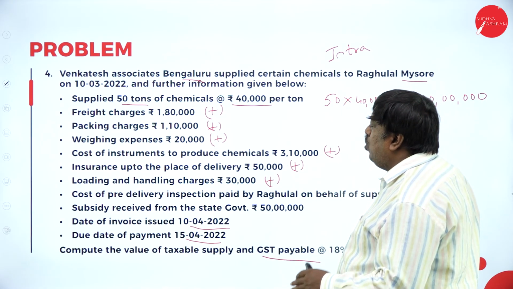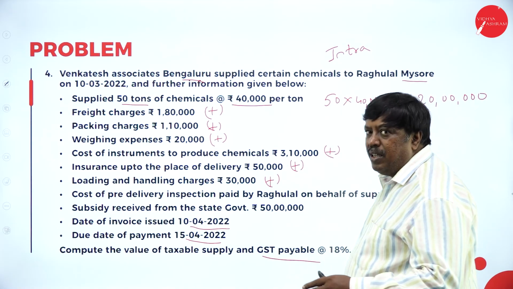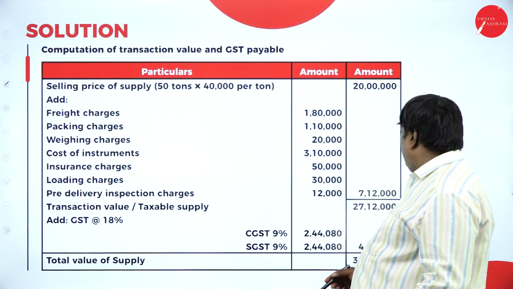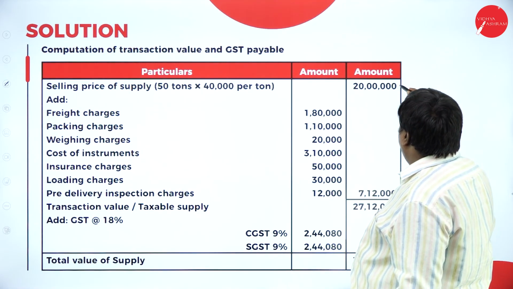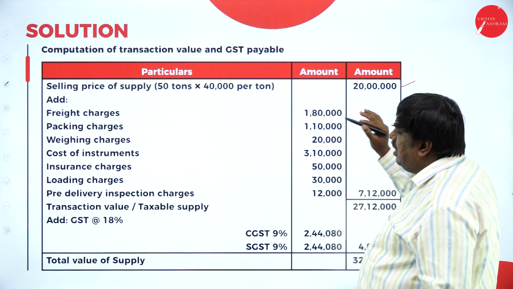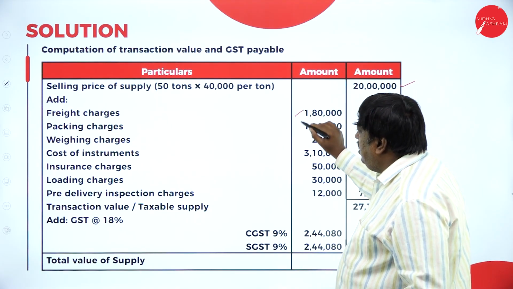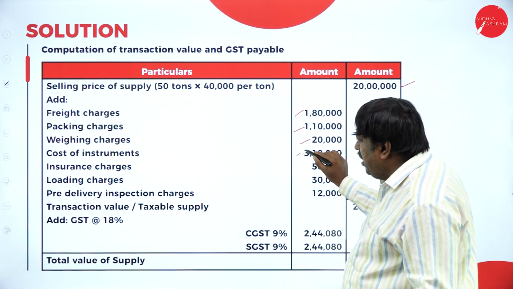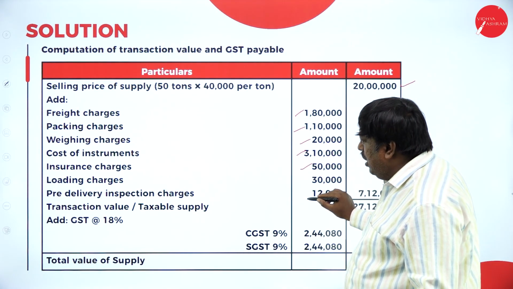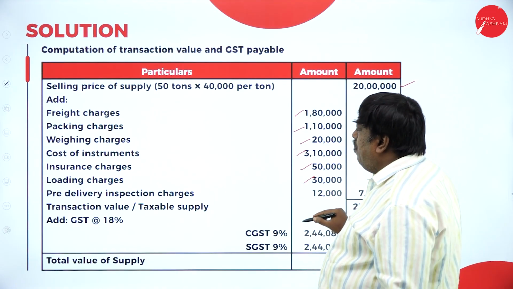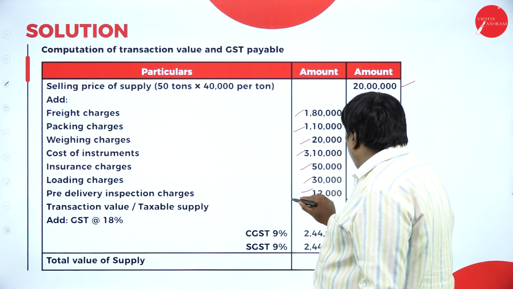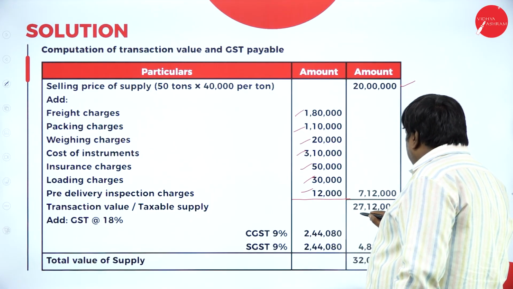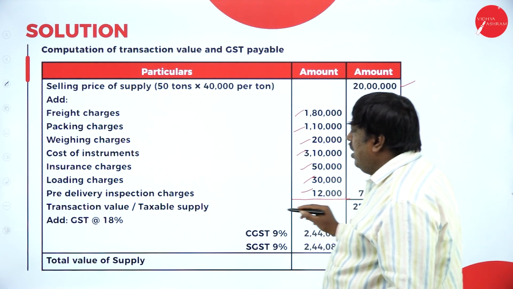Here there is no discount concept. The 20 lakhs was the price of the supply, plus freight charges, packing charges, weighing charges, cost of instruments, insurance charges, loading charges, and pre-delivery inspection charges. Total amount is 7 lakh 12,000. Add both, 27 lakh 12,000.